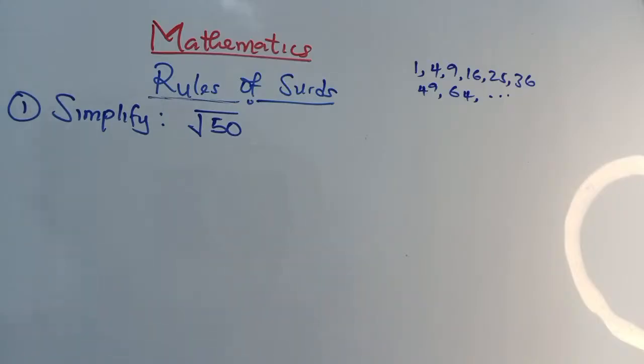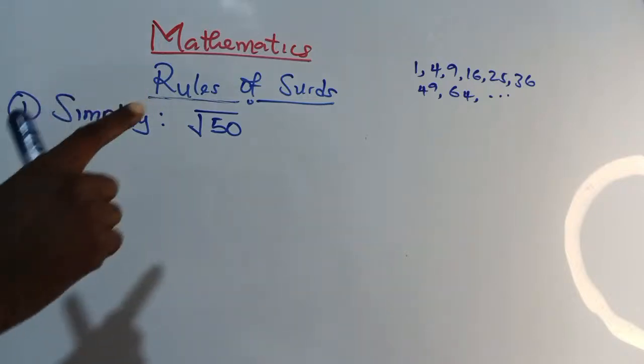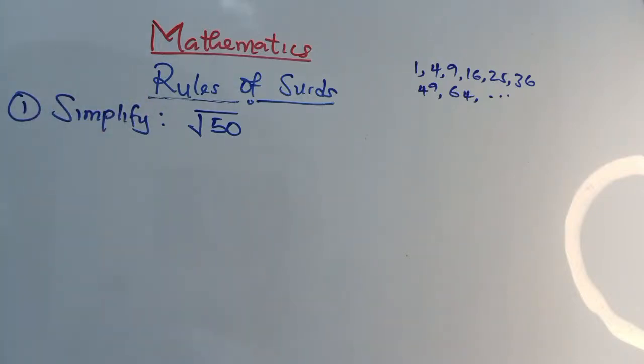Because 50 is not one of those numbers, and we have to simplify this without a calculator, since using a calculator to find the square root of 50 would give us decimal numbers, and that's not what we are looking at.